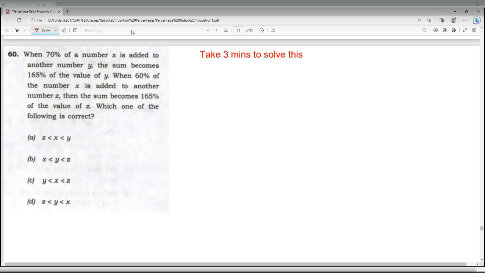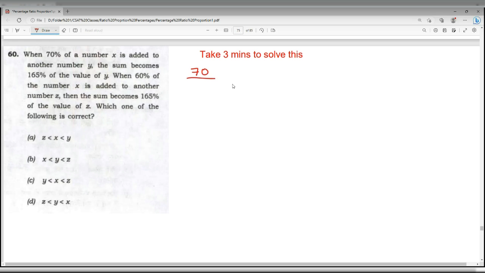The first sentence says that when 70% of a number X is added to another number Y, the sum becomes 165% of the value of Y. The 70% of number X, you can write it as 70 by 100 also, or 0.7. Let's take it as 70 by 100 itself.